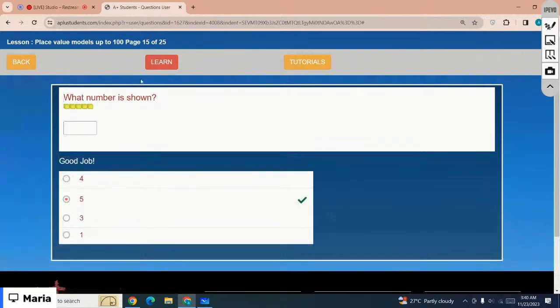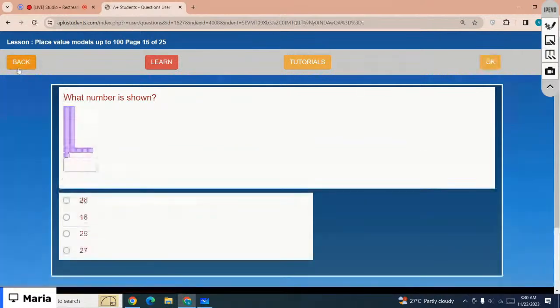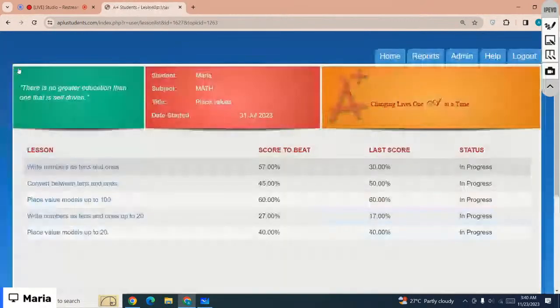Okay, you can complete the lesson by yourself later today. So, we were working on grade 1 math.